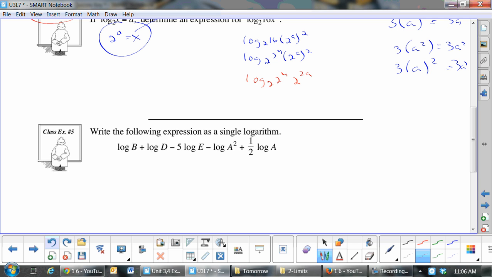You can't just take some of the exponent, right? No, but that would be just some of the exponents. You'd have to take them all.